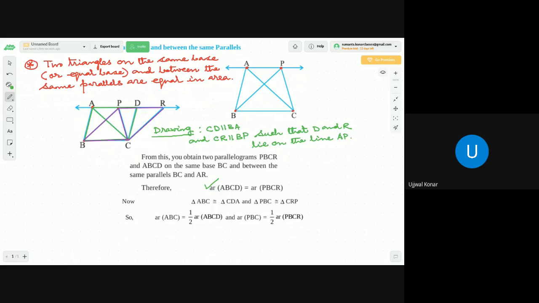And that proves the statement we initially wrote in red color: two triangles on the same base and between the same parallels are equal in area. We are able to prove it, correct, dear students? Absolutely clear? Yes, sir. Okay, so we are able to prove it.